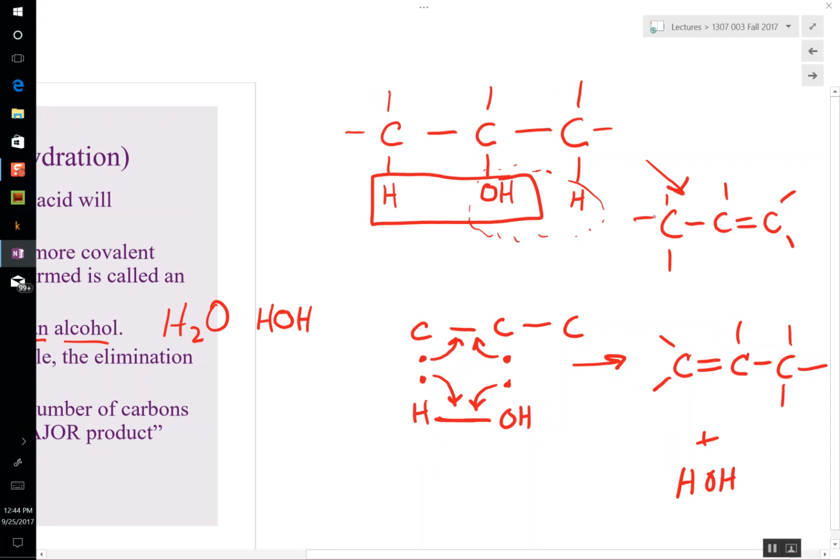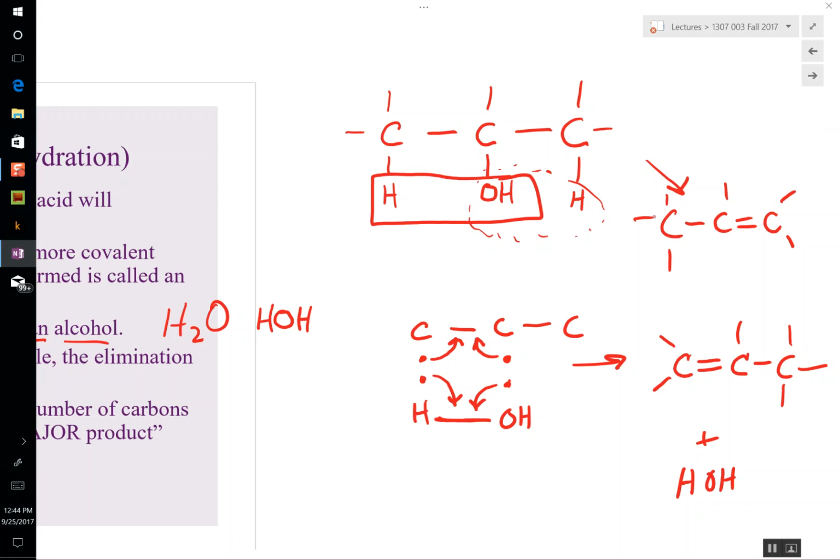And what is our alcohol, by the way? What's the alcohol that we're starting with? 2-propanol, or isopropyl alcohol.